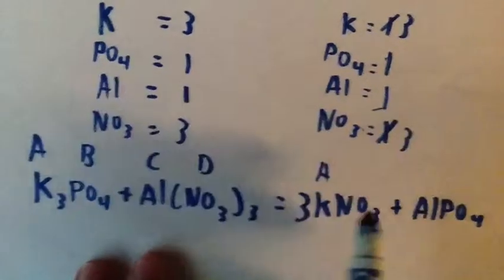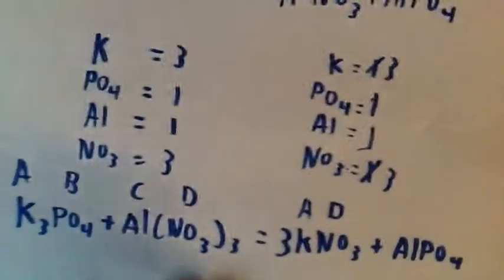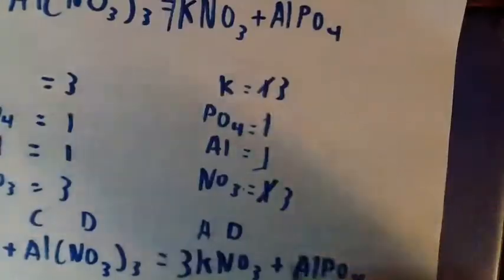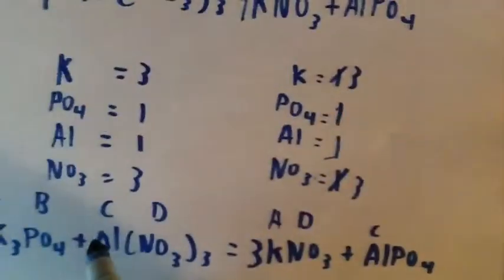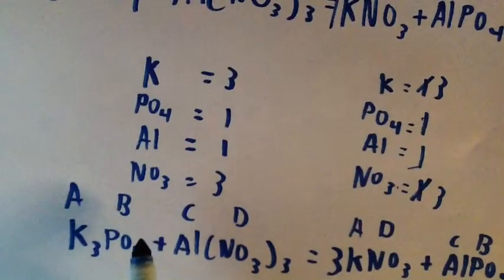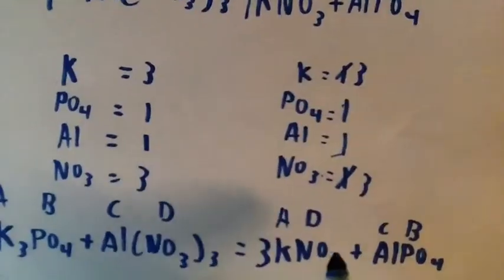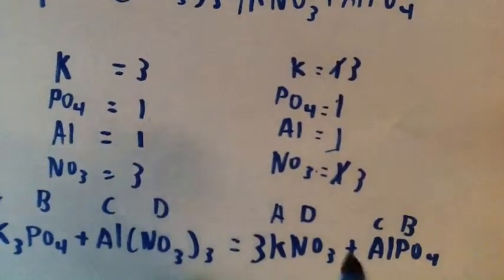It's with nitrate, which is the D. So that is AD, and aluminum, which was the C, is with phosphate, which was the B. So CB. So A has switched B with D, so now it's AD, and C has switched D with B, so it's CB.